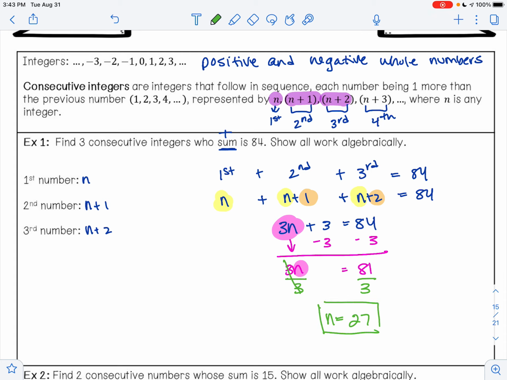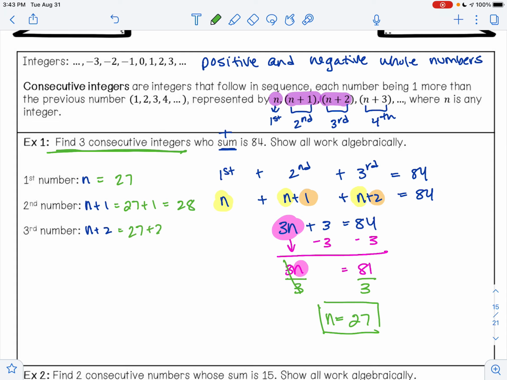We want to find the 3 consecutive integers. We just found the first number was 27 because we found n. So we know that n is 27. My second number is n plus 1. So that's going to be 27 plus 1, which is 28. And my third number is going to be n plus 2.